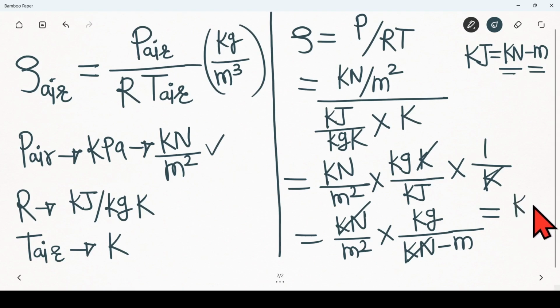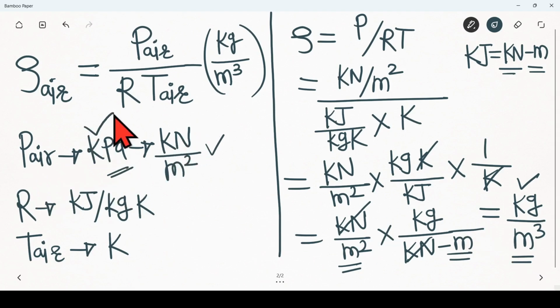I will get kg divided by this meter square multiplied by this meter, that is equal to meter cube. So unit of density that we are getting is kg per meter cube. So for that we will have to use pressure of the air in kilopascal, gas constant in kilojoule per kg Kelvin, and temperature in Kelvin instead of degree Celsius.